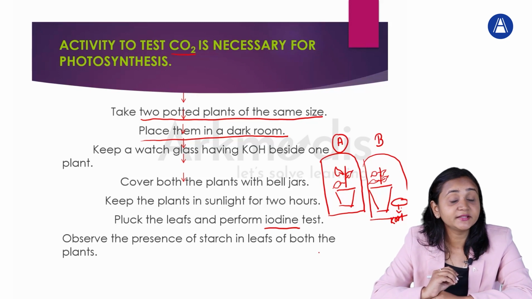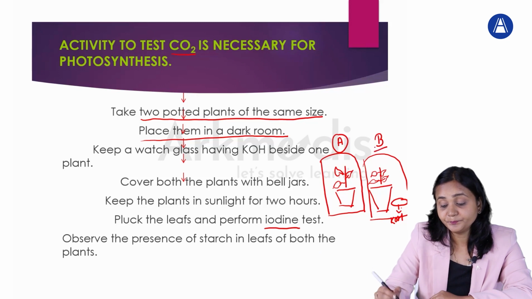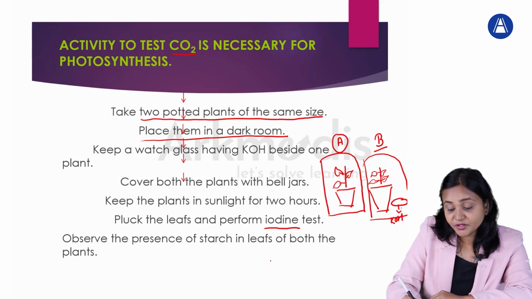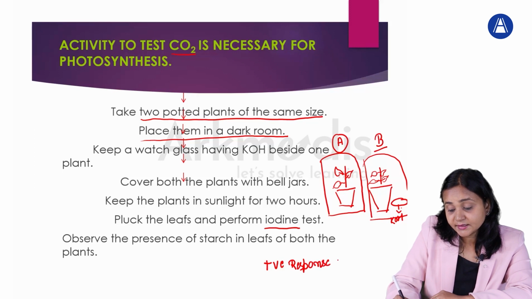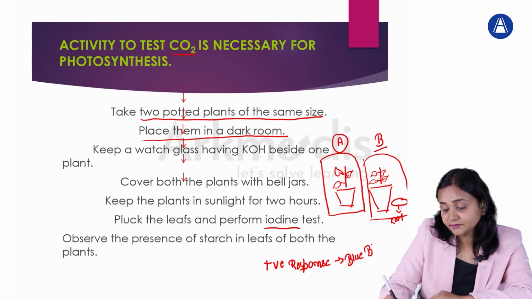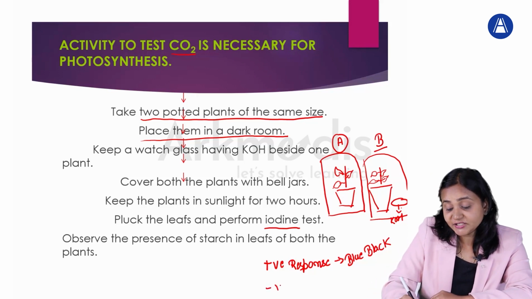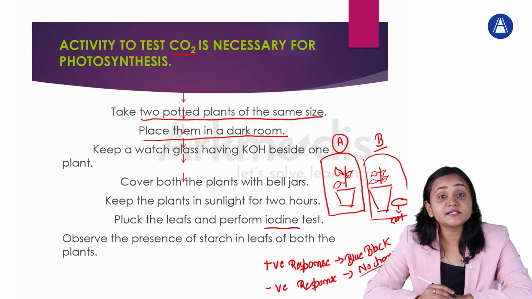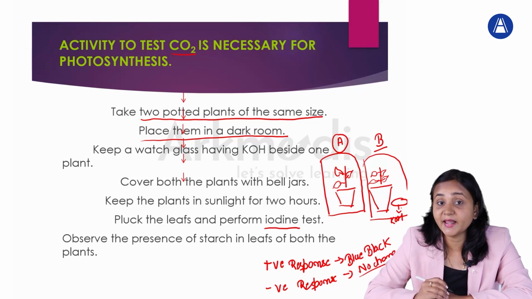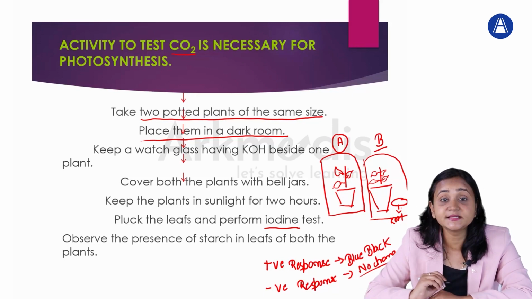Now, what will you observe in these two cases? You have to pluck the leaves from plant A and plant B. Plant A will show a positive response, meaning the color of the leaf will turn blue-black, while in case of plant B, it will not show any change in color, because the KOH has been placed beside plant B. This KOH will absorb all the carbon dioxide that is present in this setup.